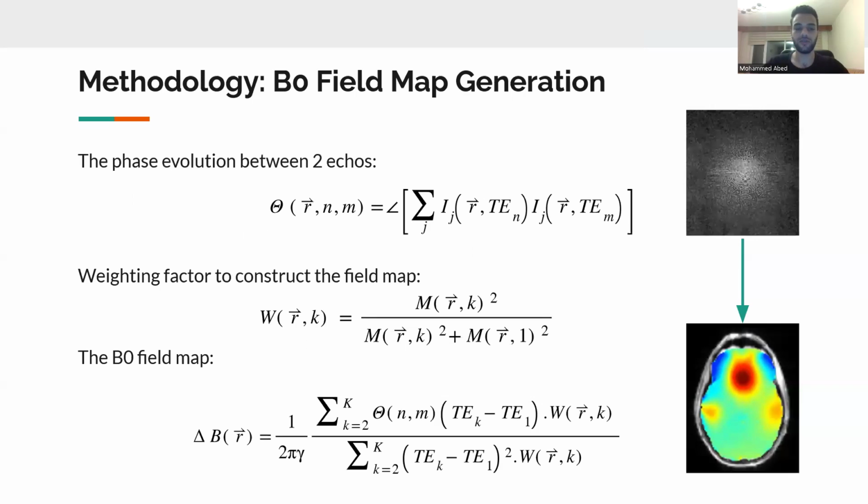Then I used a weighting factor to construct the field map, which was the ratio of the absolute value of the complex signal of the kth echo to the first echo. And finally, the B0 field map was constructed by relating the difference in echo time, the phase evolution, and the weighting factor.